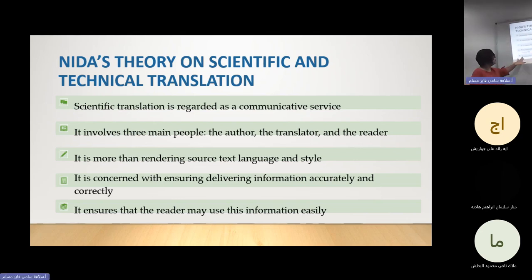The last one is to ensure that the reader may use this information easily. It's not always like this because some documents are translated in secrecy, okay? Meaning only the one who commissioned the translator and the translator only know what is within these documents, okay?